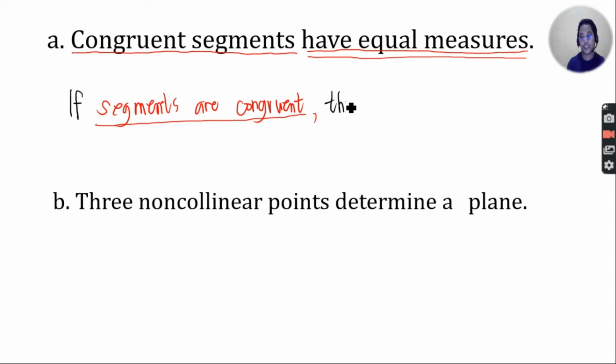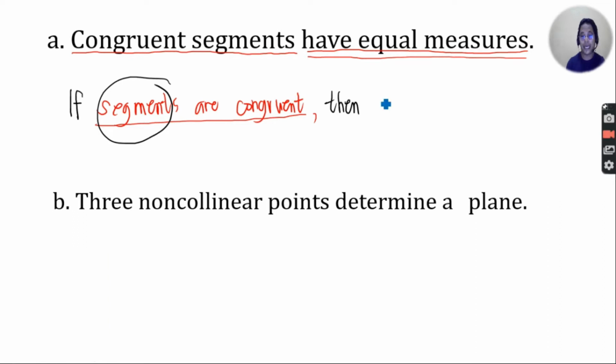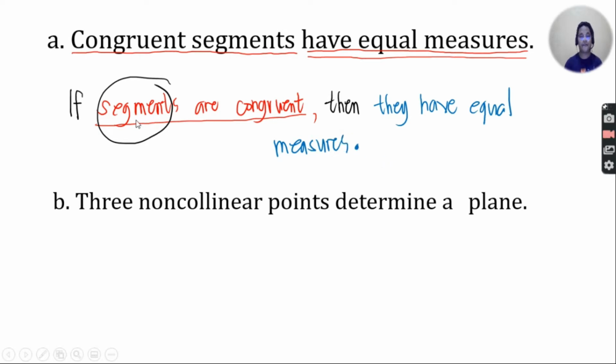Comma, then, since itong have equal measures refers to segments, so magiging, then, ano yung magiging pronoun nito? Then, they have equal measures po. So, ayan po. So, meron na tayong if-then statement po or a conditional statement out of the first sentence given.